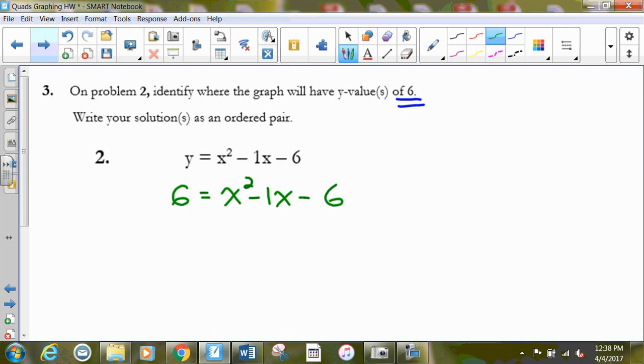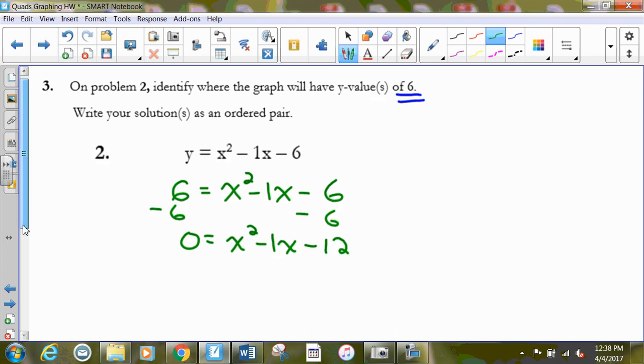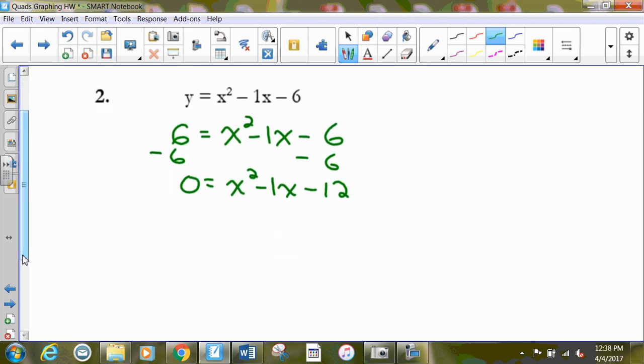So either one of those, we know that we have to get a 0 on one side. So we're going to go ahead and subtract this 6, so we have a 0. It's okay, we can live with the 0 being on the left side. And we look at it, and we're going to try to factor first. If we can't factor, we will use the quadratic formula.